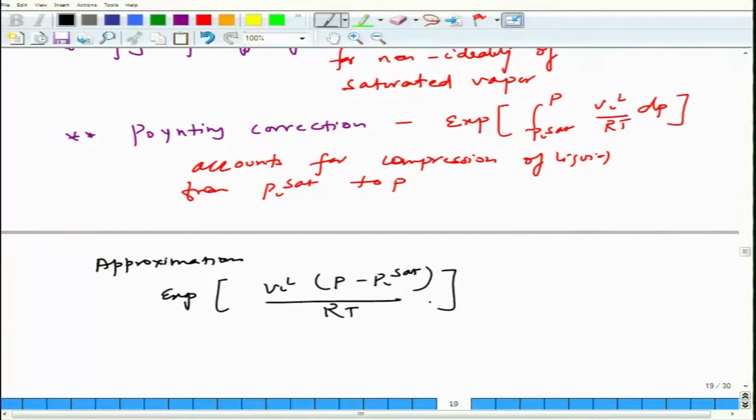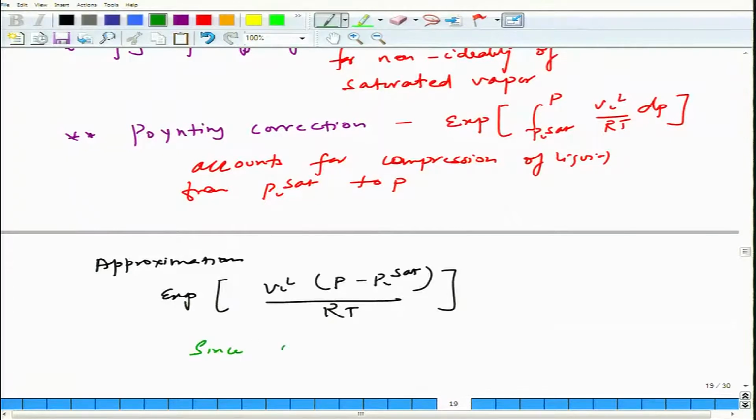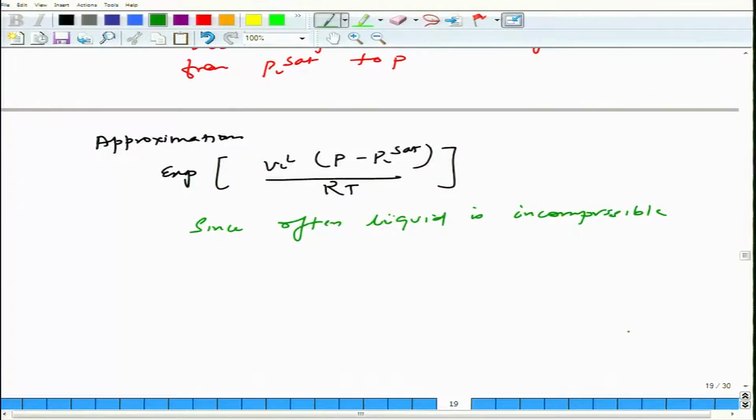Now, what is the reason for such an approximation? Because we have taken this molar volume outside the integral, which means we have assumed that the liquid is incompressible. In addition to that, there are other approximations we can make use of, depending on the condition.